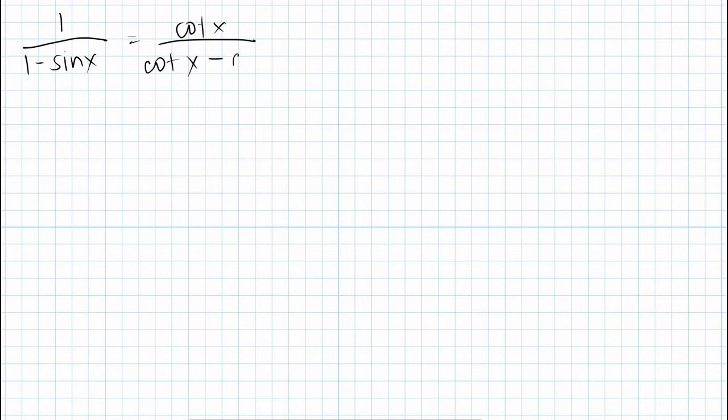Now let's go to the fourth equation. So our fourth equation is 1 over 1 minus sine x equal to cotangent x over cotangent x minus cosine x.